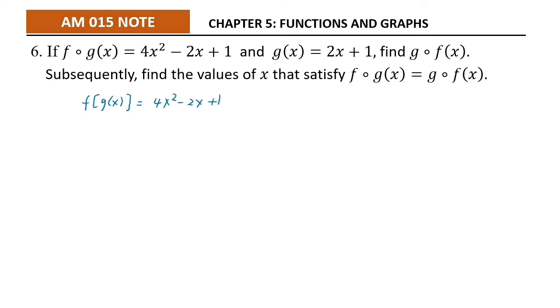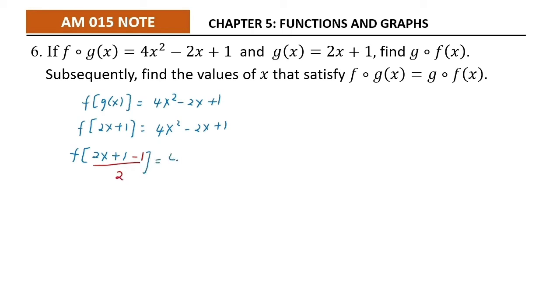g is 2x plus 1, equal to 4x squared minus 2x plus 1. And then to find f(x), the 1 and the 2 must be cancelled. x is now (x minus 1) divided by 2.